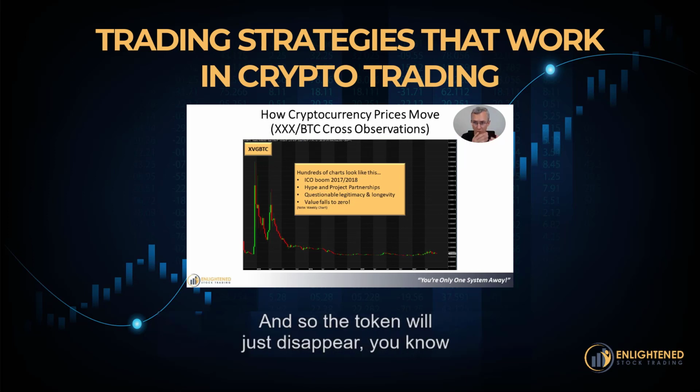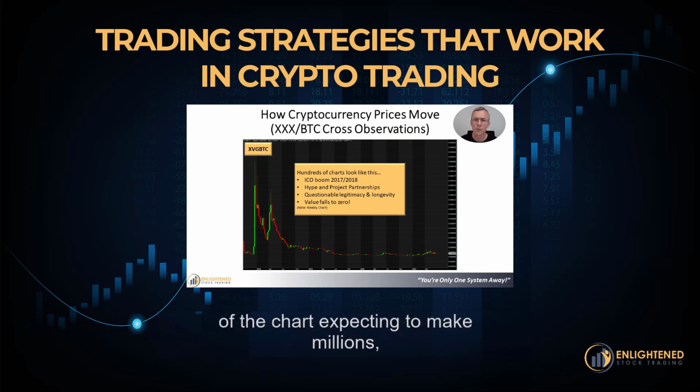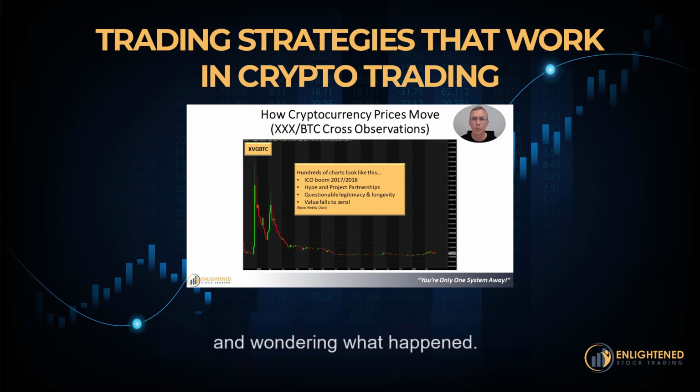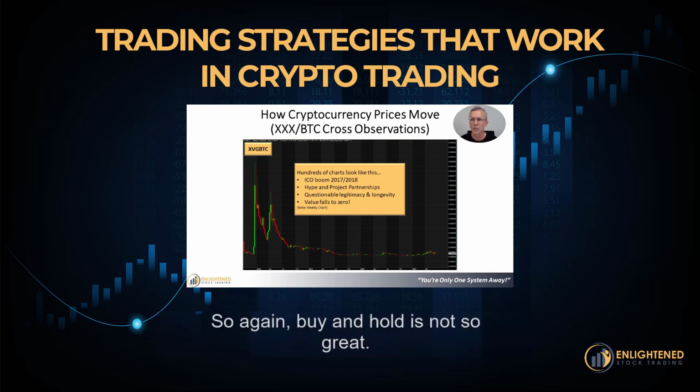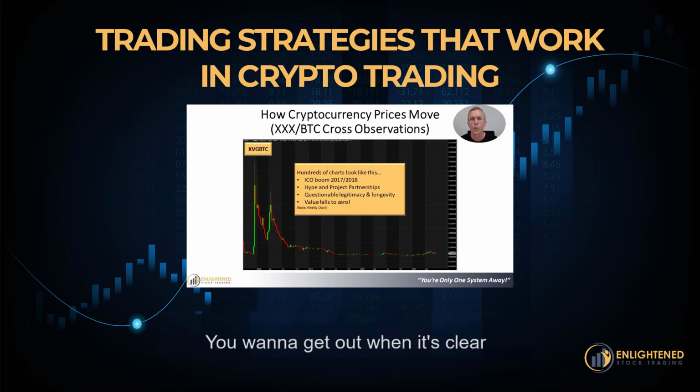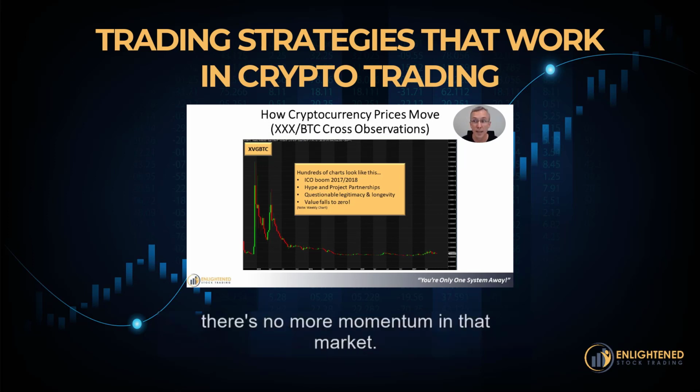And so the token will just disappear, fritter away to nothing. And so if you bought that at the left-hand side of the chart expecting to make millions, then on the right-hand side of the chart several years later, you're left holding this dud and wondering what happened. So again, buy and hold is not so great. You want to get out when it's clear there's no more momentum in that market.